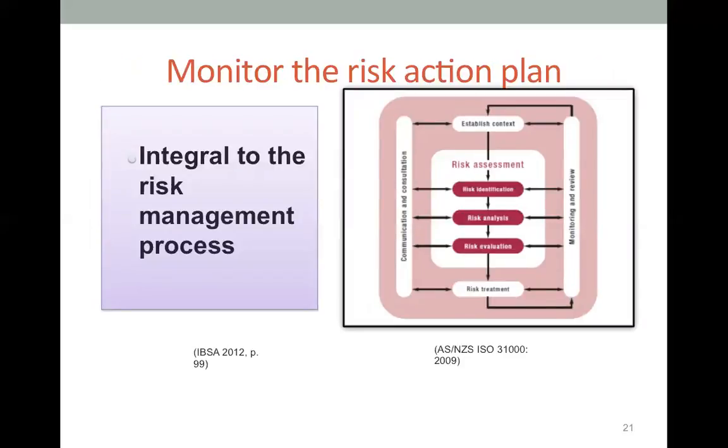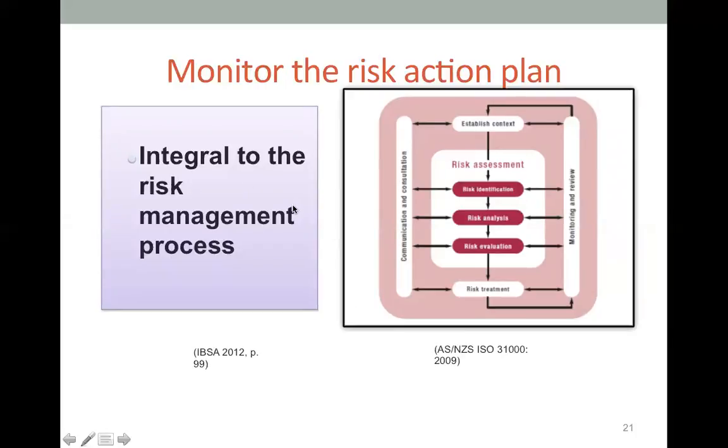Now, again, monitoring the risk action plan, as mentioned to you since week 1, since module 1, we need to keep monitoring and reviewing the action. And when we monitor it, definitely we need to manage the stakeholders' interest and also power.